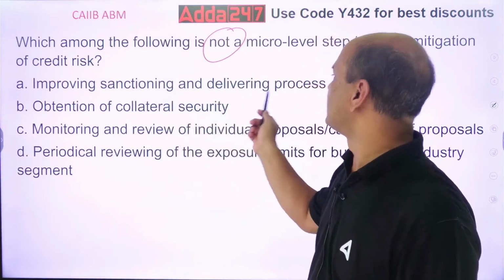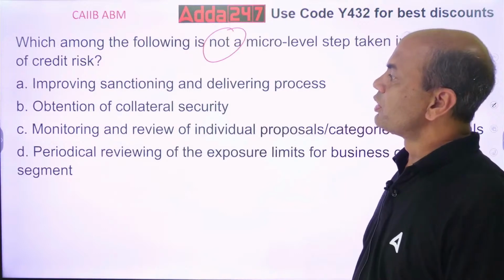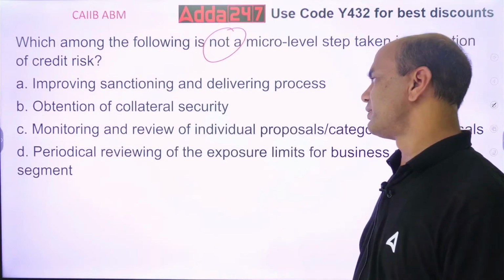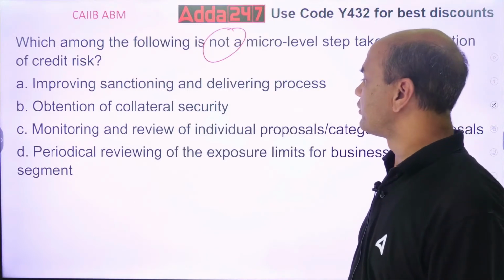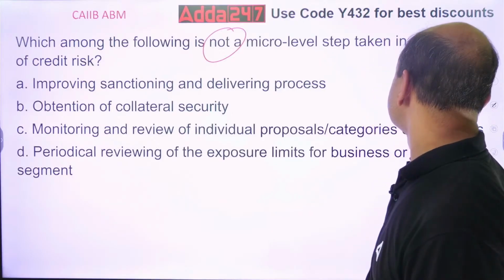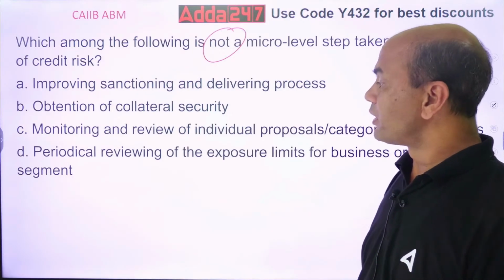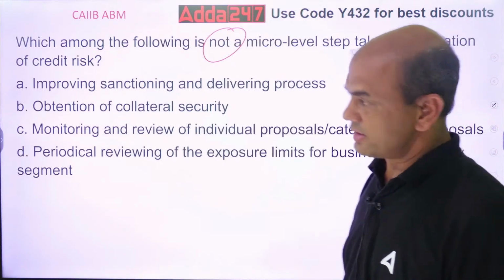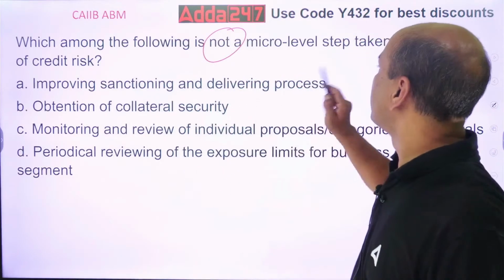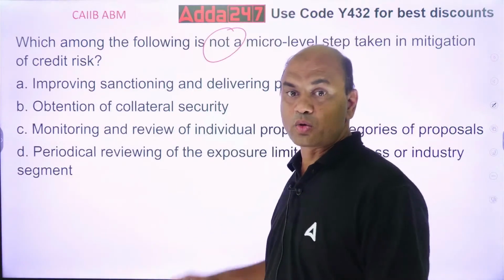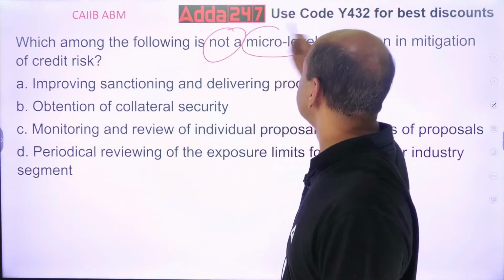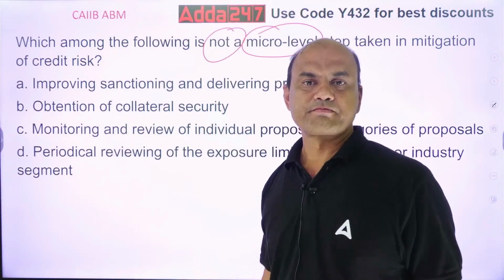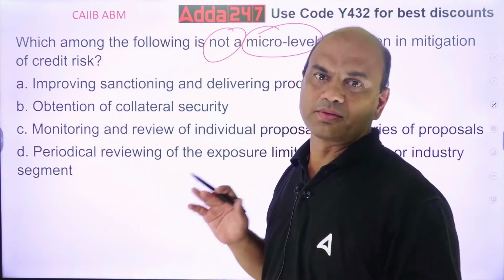Improving sanctioning and delivering process, obtention of collateral security, monitoring and review of individual proposals, categories of proposals, periodical review of exposure limits for business or industry. Which of them is not a micro level step? Micro. What is micro? Kindly note, in banking there are 2 levels.